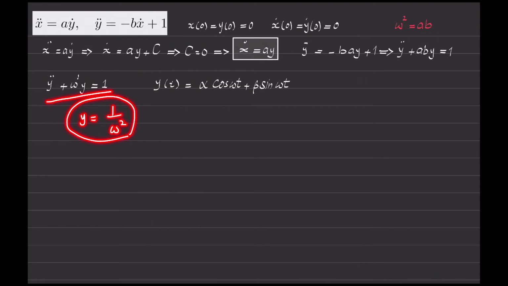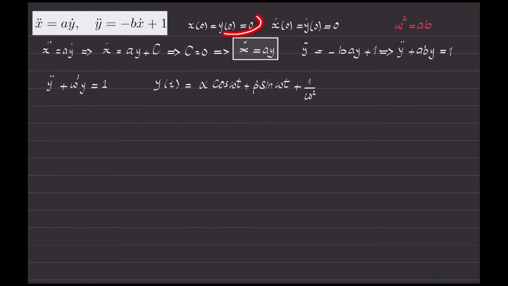Why is that? Because omega squared y becomes simply 1, and y double dot is 0. So that's correct. And then I add that to the general solution of the homogeneous one, and now this is exactly the general solution of this differential equation.